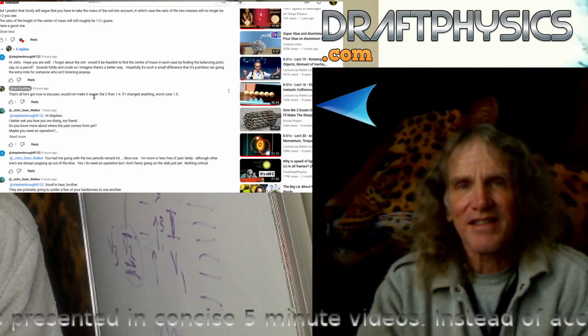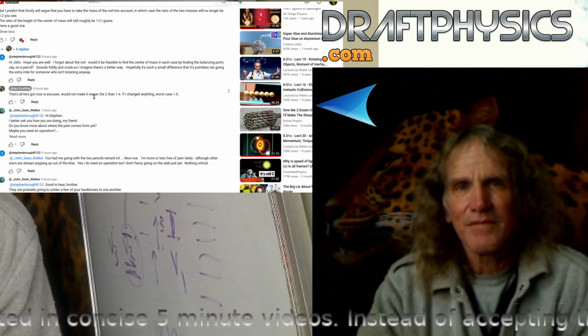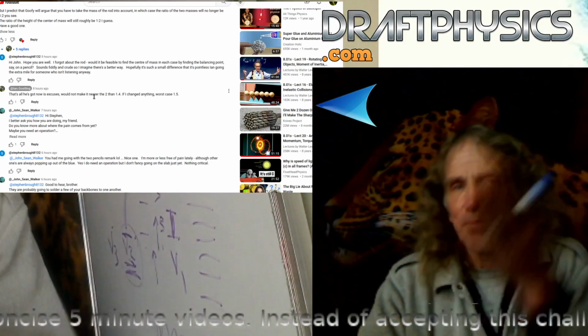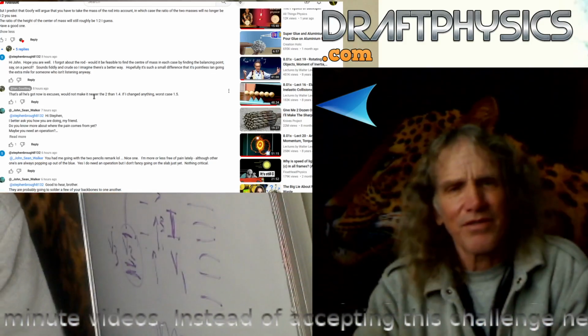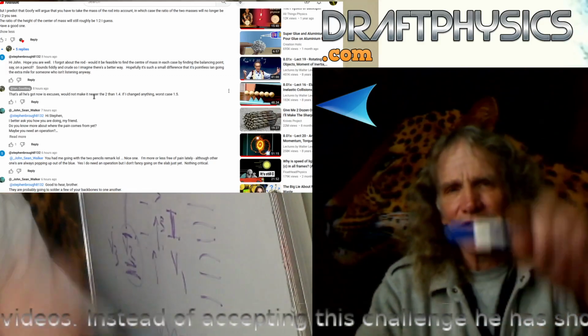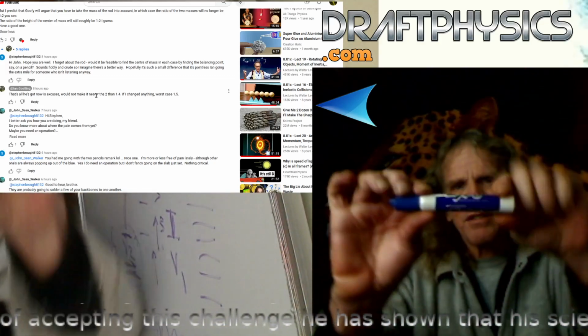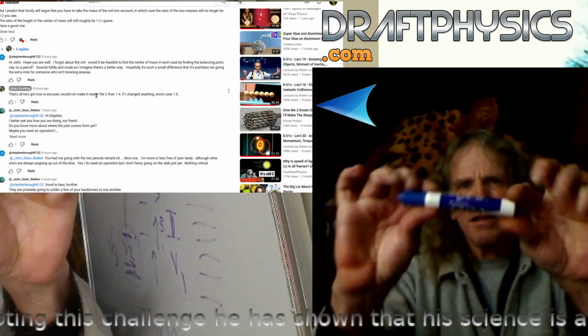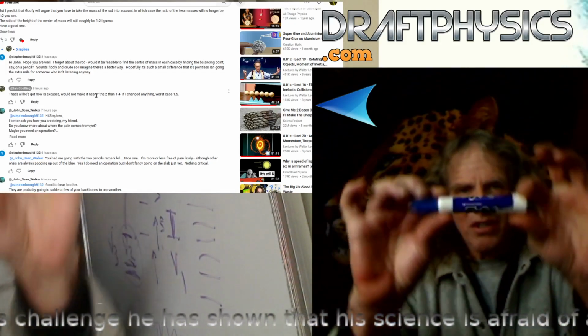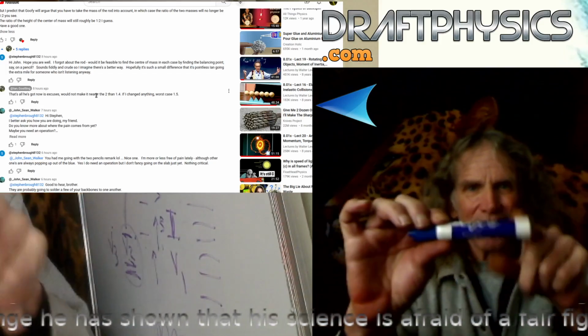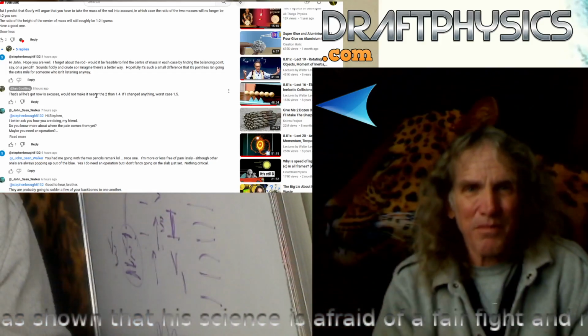And he doesn't think the stick makes a difference, so he puts a gigantic stick as part of the mass moving. This is back to the lever argument. He doesn't understand that when you do a lever experiment, you're putting energy into the system and you want to transfer the energy from this side to this side, that the motion of the lever has to be included because it's real momentum.